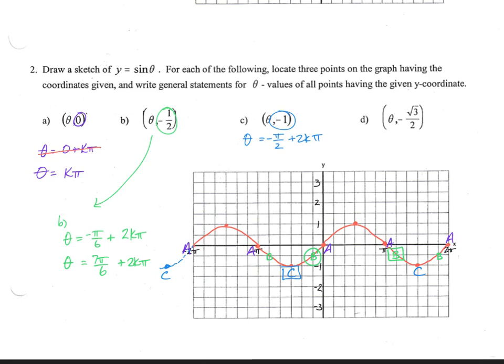Every full rotation, so 2kπ. I could have expected a lot of people to have given me this statement instead. That instead they focused in on the circled C and said that at 3π/2, I know I have a value of negative 1, and then I add on my full rotation in either direction.